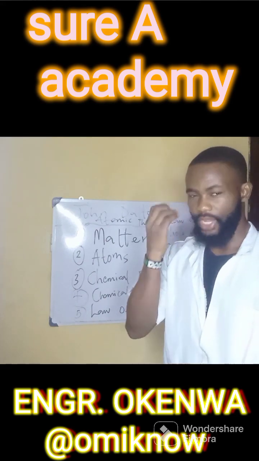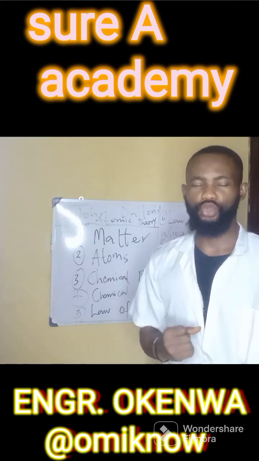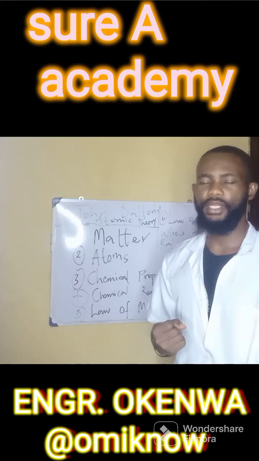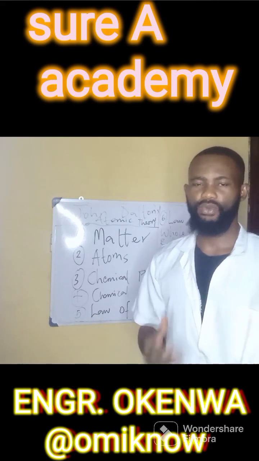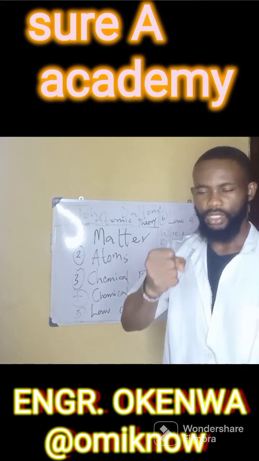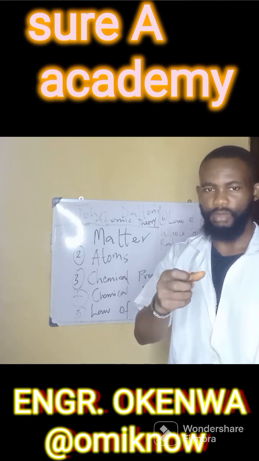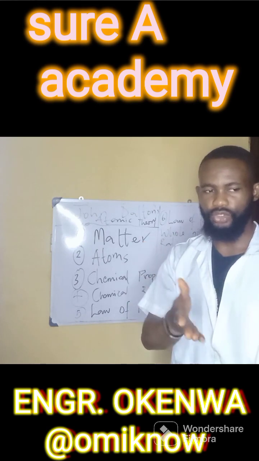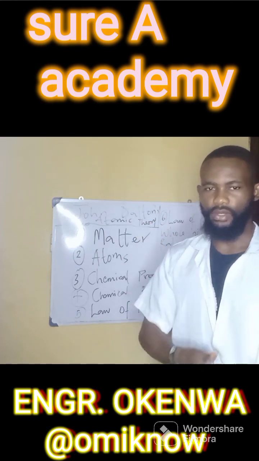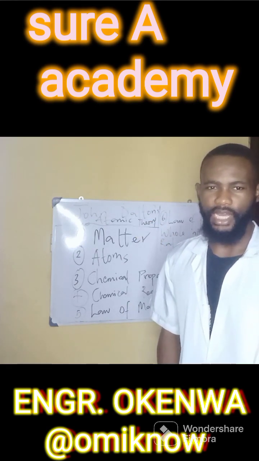It's not possible. So anytime you want to obtain anything chemically from a particular element, it has to be whole. It has to be untampered with, because the minute you tamper with it, or you cut it into two, or you go down on an element, it is no longer that element.